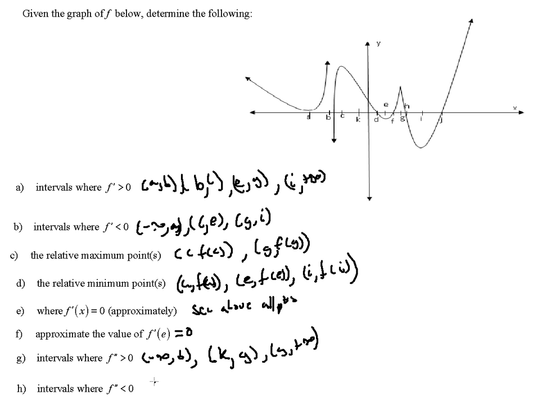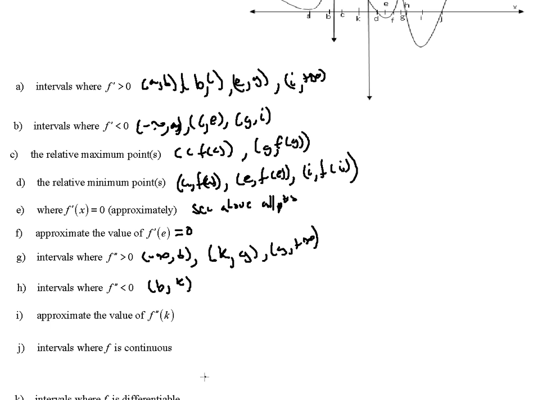Well, it's only concave down from B to K. Since I've already said K, I'm going to use it again. So moving on to the next one, approximate value of f double prime of K. Well, if the concavity changes at K, then the approximate value is 0, because that's an inflection point.